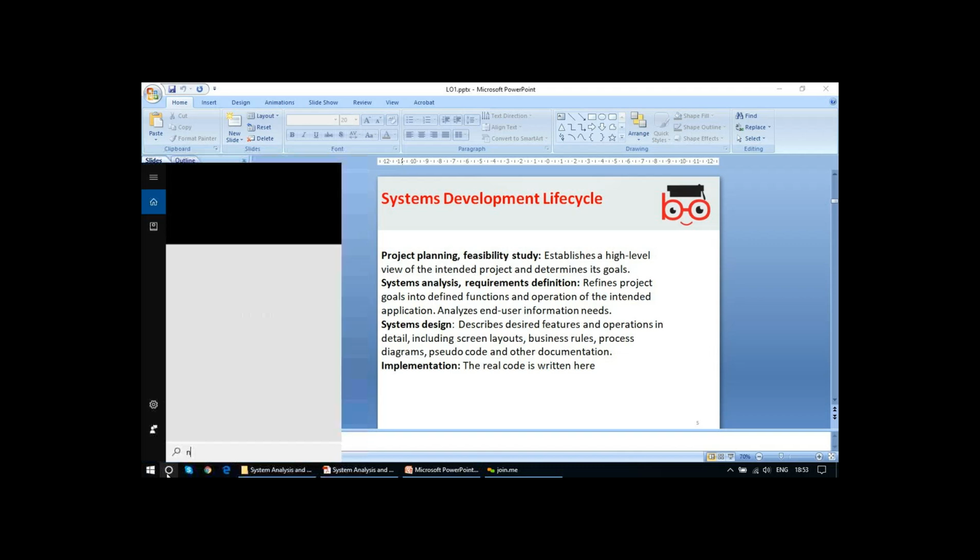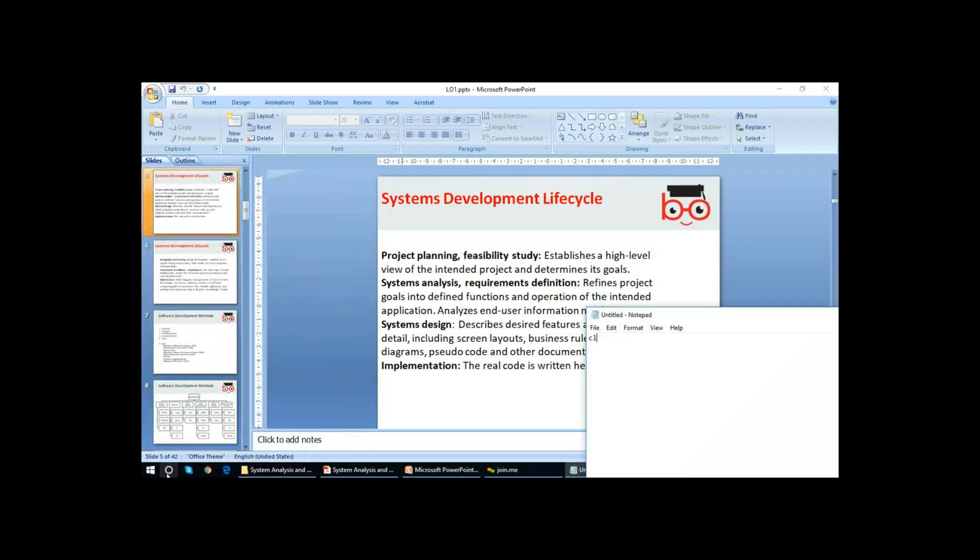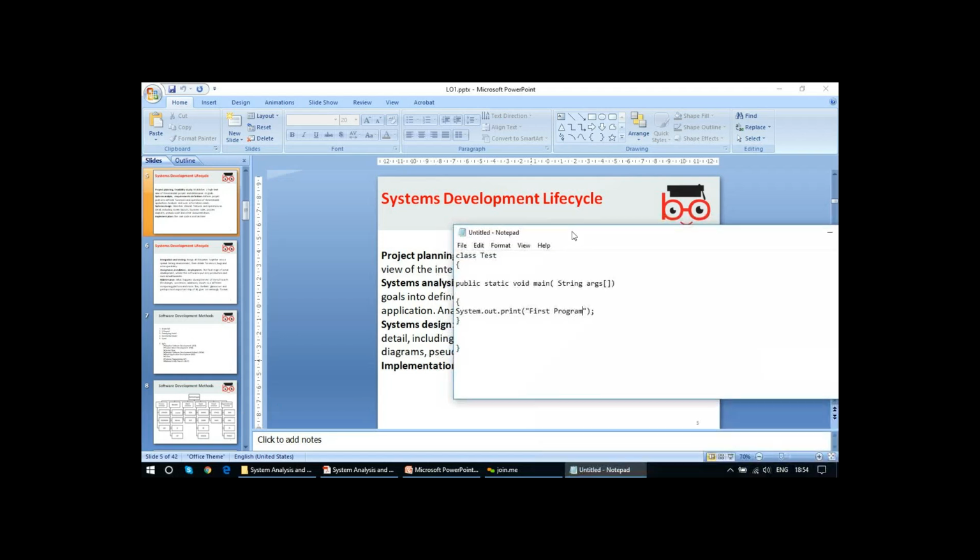For example, this is a program in Java, and this will only print the first program on the screen.